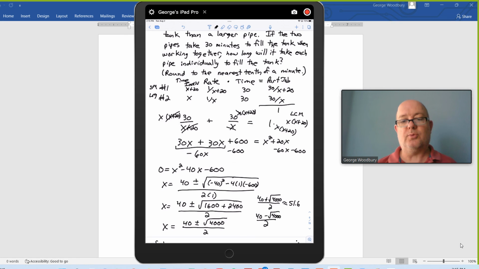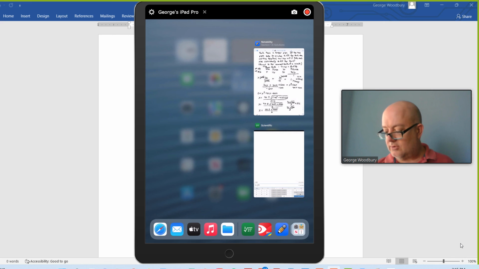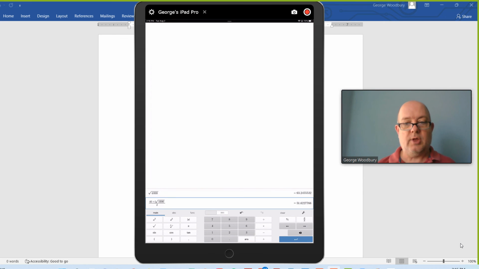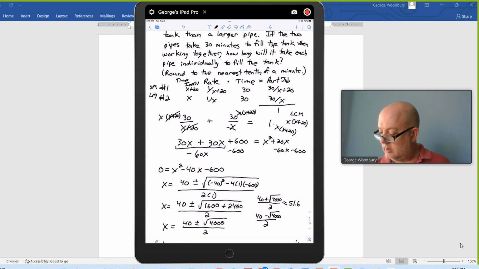So I know this one's not going to work, but I'm going to go through the motions anyway. All I have to do in Desmos is tap in the numerator, and where the plus sign was, I'm going to backspace and replace it with a minus sign. And notice there, I've got negative 11.6. Approximately negative 11.6. That's impossible.